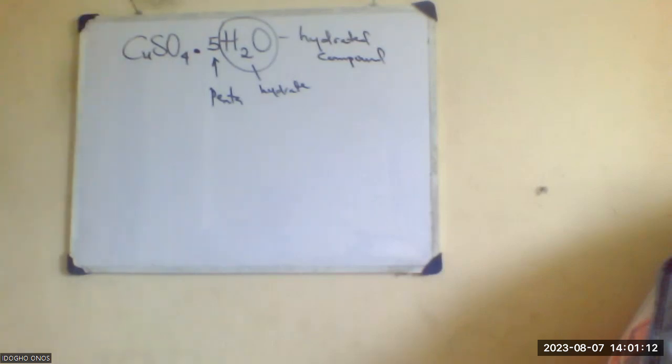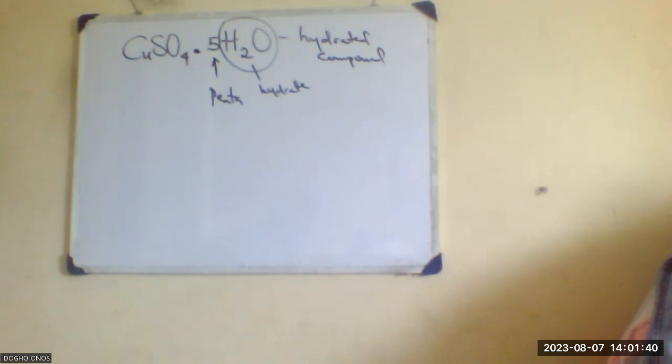So I want you to give me the formula of this compound. Potassium heptaoxo dichromate 6. Did you get it? No, sir. Okay, I come again. What is the formula for the compound potassium heptaoxo dichromate 6?